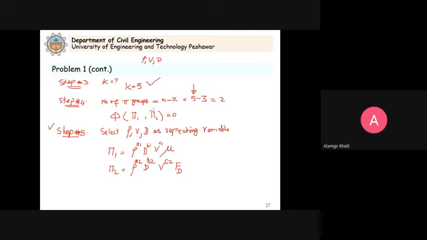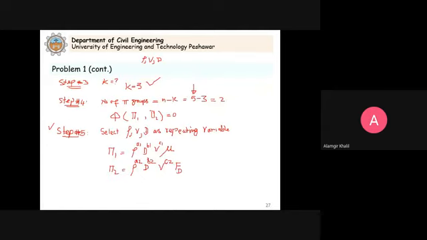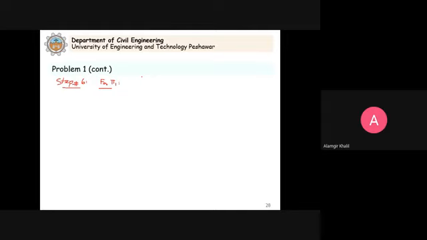We already wrote down their dimensions here. From here you will pick the dimensions, from step number 2, and write them down here. Because pi is dimensionless, we can write pi as M^0 L^0 T^0. Pi can be written like this because we already said pi is dimensionless.